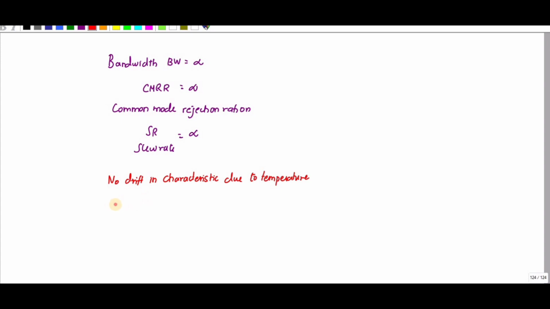Next, it has zero offset, that is when the V1 value is equal to V2, V0 is equal to 0, right? Because we know that V0 is equal to A into (V1 minus V2). So if both the values are the same, the output is equal to 0.